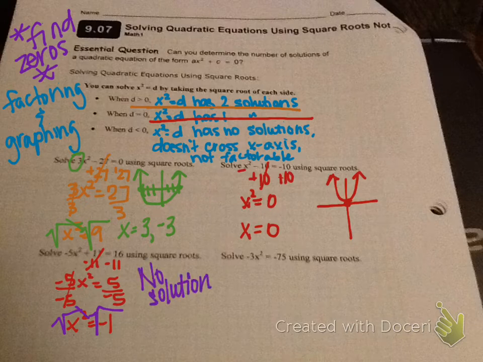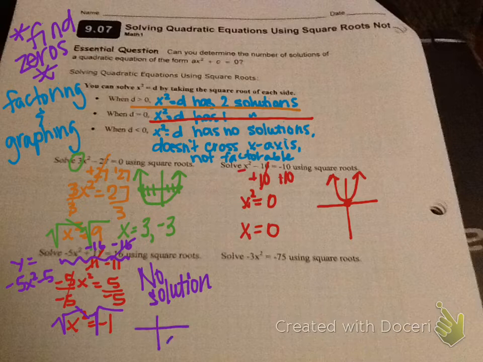If you graph this one on your calculator, you first would have to subtract 16 and graph y equals negative 5x squared minus 5, but you'll see that that never crosses the x-axis. I think it's a parabola down in the fourth quadrant.